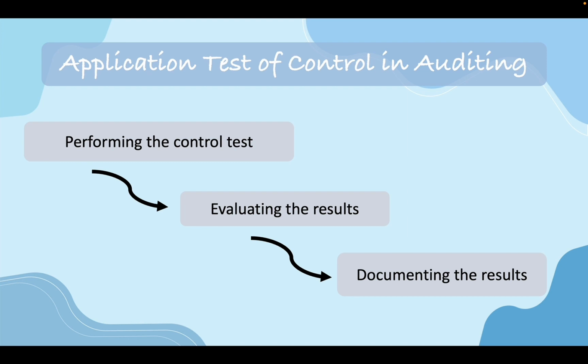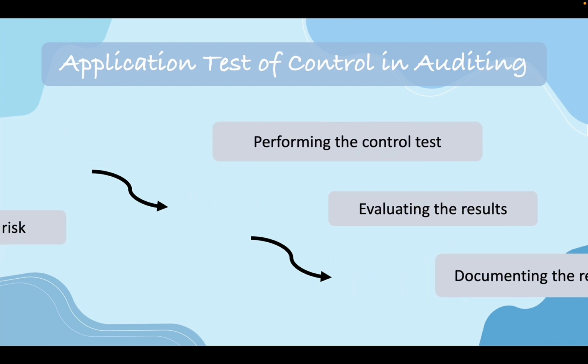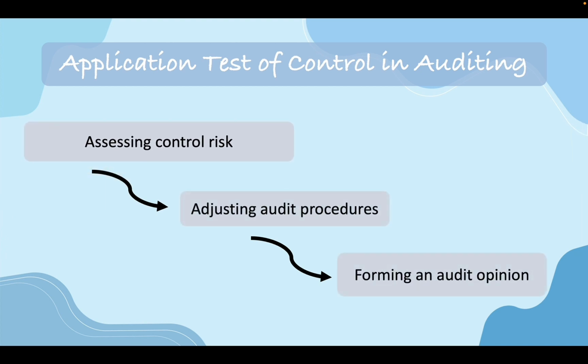The seventh step, documenting the result. Auditors document the result of the control test, including any issues identified and the scope of testing. Proper documentation is essential for transparency and supporting their conclusion. After documenting the results, the auditor may reassess control risk.